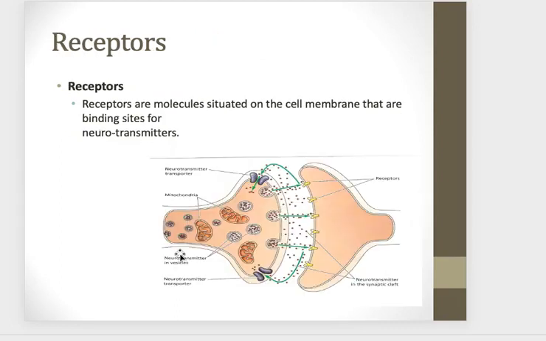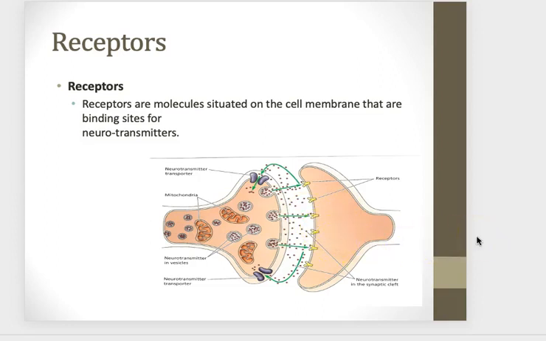So what does that mean? The electrical impulse comes down the neuron, it triggers it to release a neurotransmitter like norepinephrine, serotonin, or dopamine, which then goes into the synaptic cleft, which is then used to hit the receptors on the next neuron to continue that electrical impulse, that connection to the next neuron.